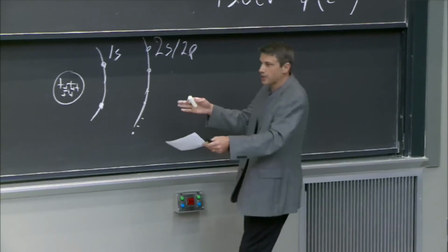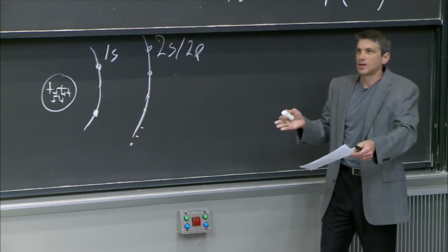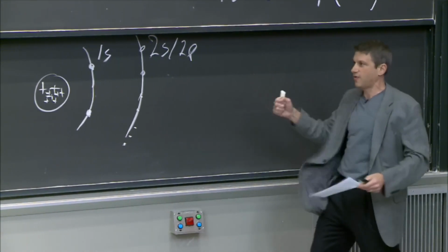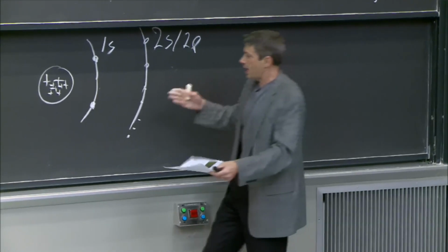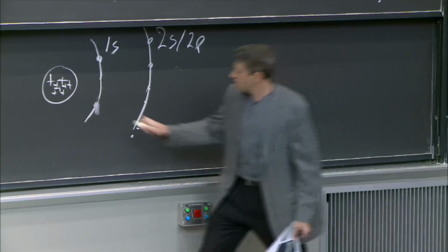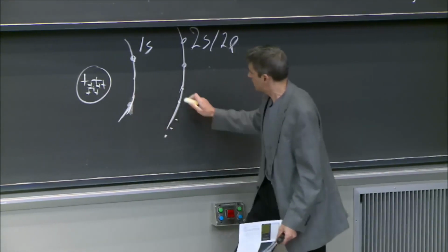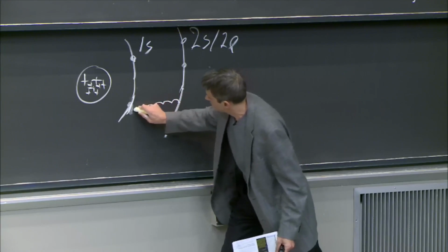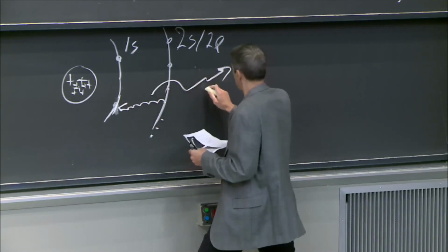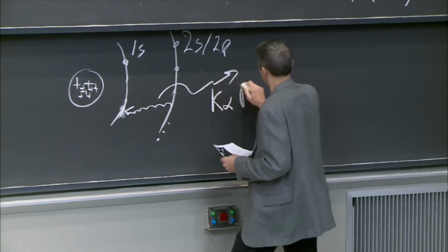So what happens in the X-ray experiment? Well, you shoot an electron in. Röntgen just cranked the voltage up so high that an electron could come and knock that out. And so that's what did it. And so now one of these can cascade down there and give off a K alpha photon.